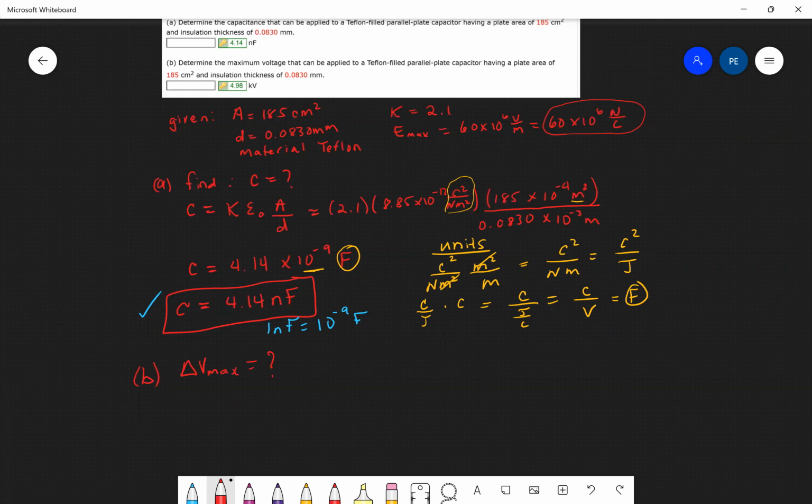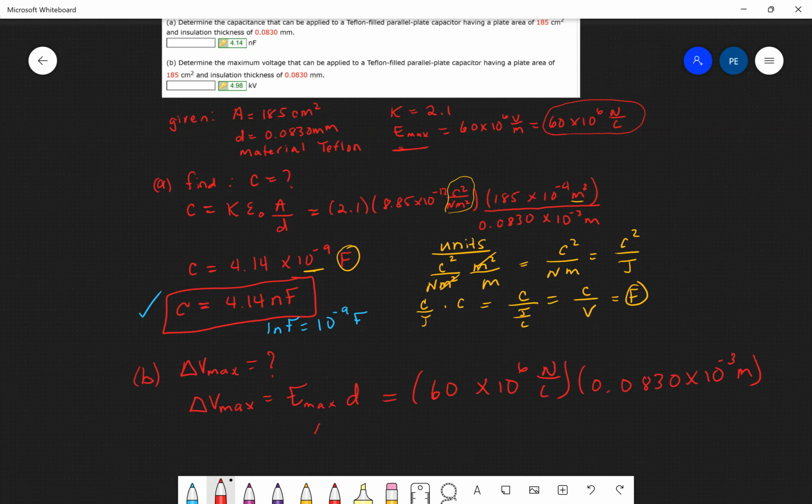So I know that I'm given that maximum electric field up here, and I know that delta V max can be represented in terms of the electric field. In this case, it's that maximum field, that dielectric strength, times the separation distance between the plates. So this equals 60 times 10 to the 6 newtons per coulomb, times that separation distance, which is 0.0830 times 10 to the negative 3 meters.